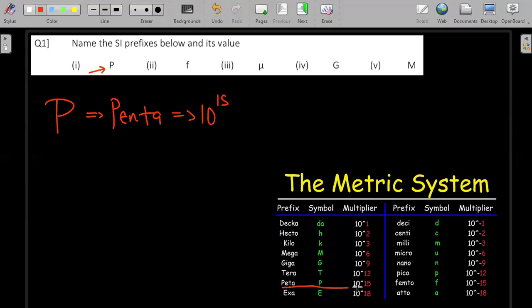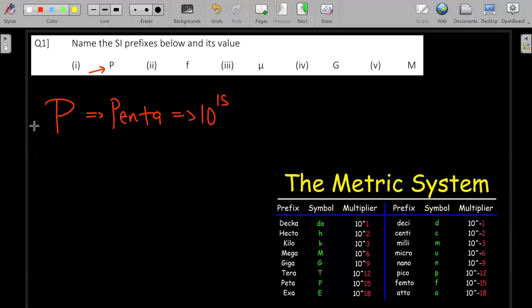If you made a mistake here and thought this was a smaller letter p, you would get it wrong, because the smaller letter p means pico, and its value is 10 to the power minus 12. So be cautious of the case, whether it's a capital letter or a smaller letter. It's case sensitive.